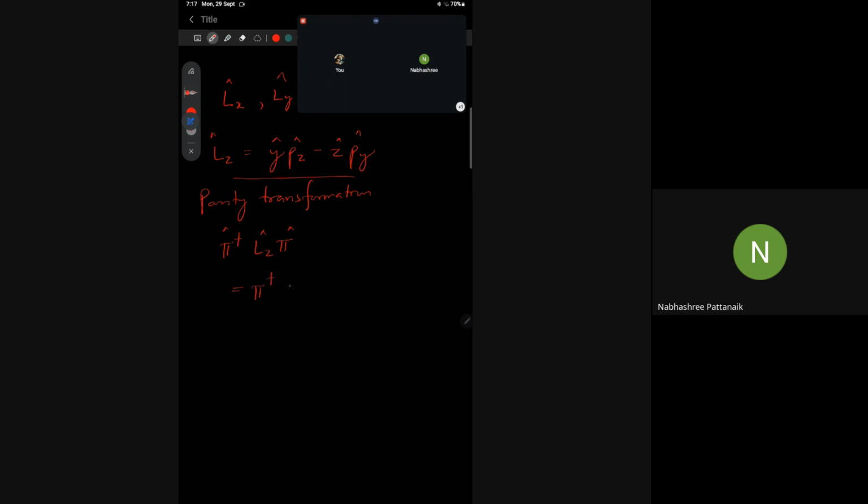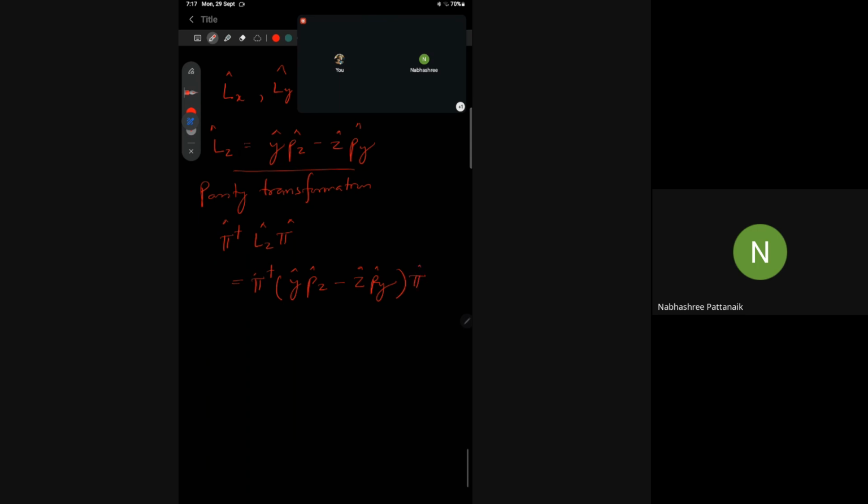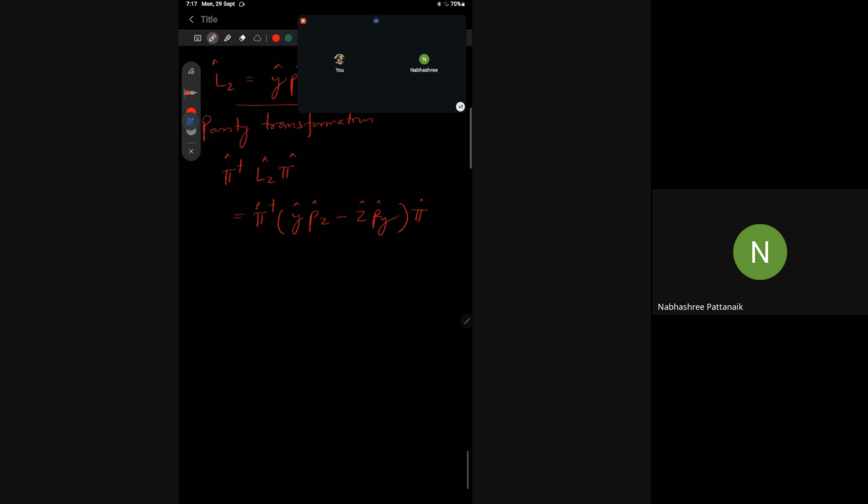Pi dagger Lz is y pz minus z py, then pi. If we open the bracket, that will be pi dagger y pz pi minus pi dagger z py pi.